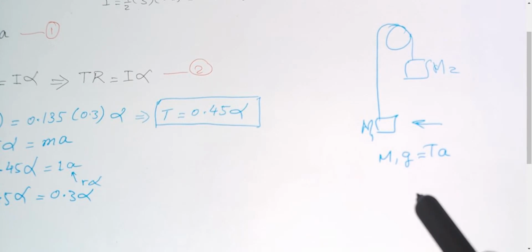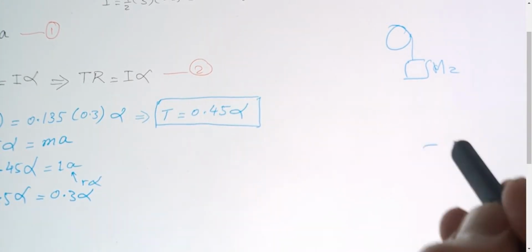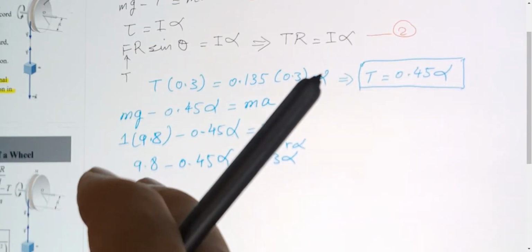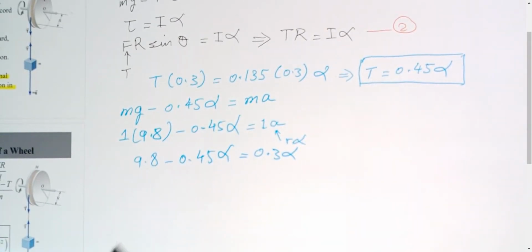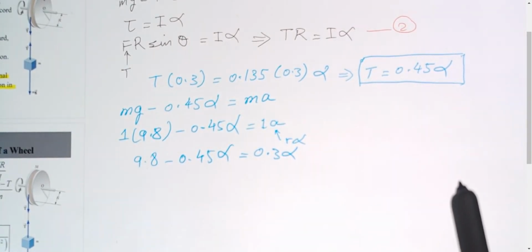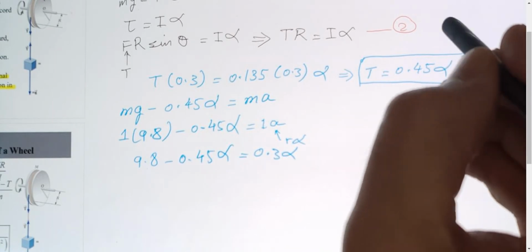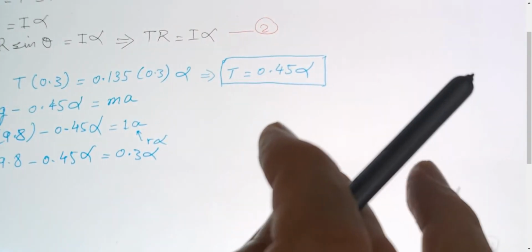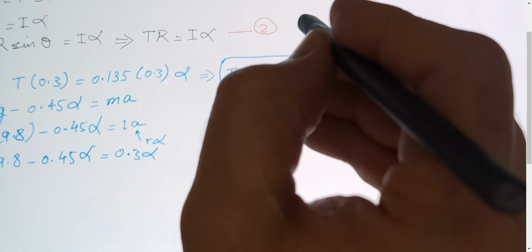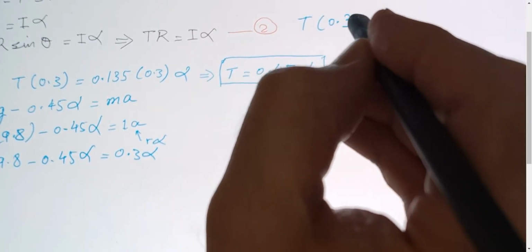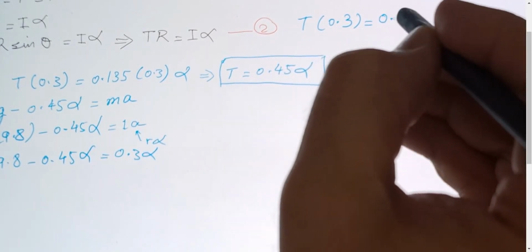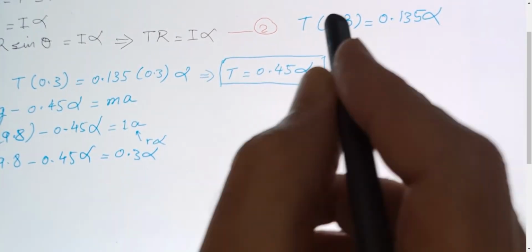So how do you want me to write the equation يعني? طيب, so let's come back here. يعني I have to write everything as if you have no experience يعني. T multiplied by R is equal I alpha.